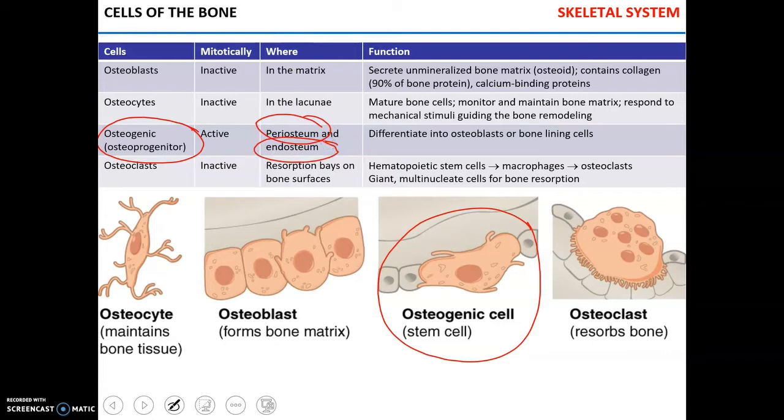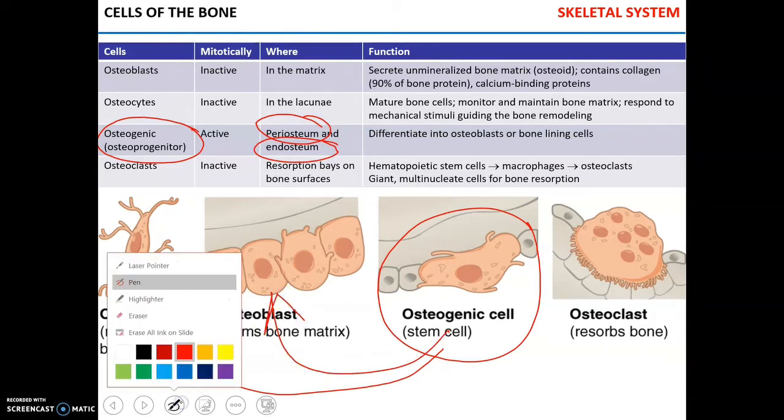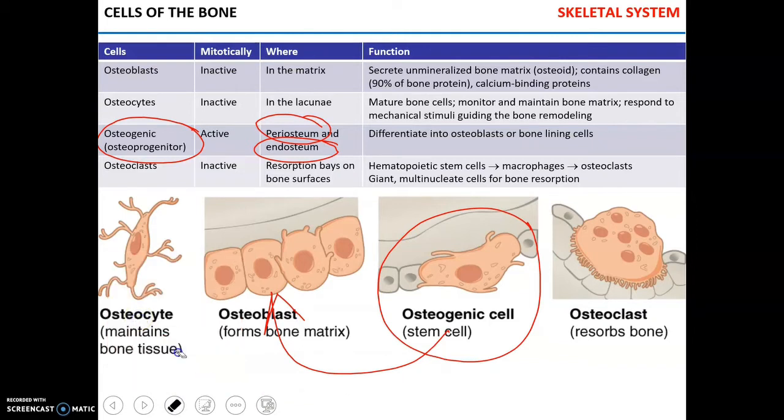Osteogenic stem cells become more specialized. They differentiate into osteoblasts. Now, osteoblasts, shown here, do not divide, so they are mitotically inactive.